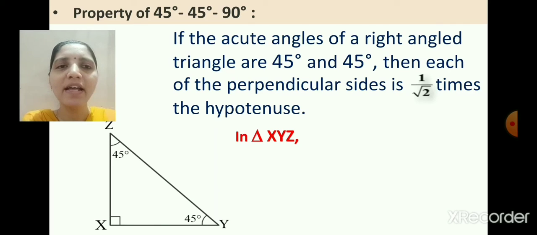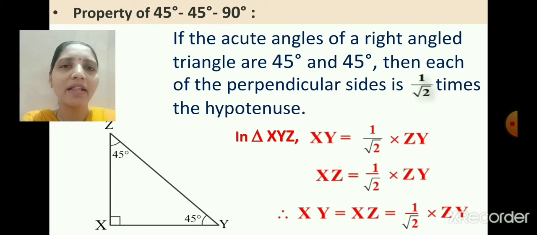Angle Z and angle Y are 45 degree and angle X is 90 degree. Then what you'll get? The sides opposite to 45 degree are XY and XZ. So that will be equal to 1 upon root 2 times the hypotenuse, that is 1 upon root 2 times ZY. Are you getting it? Yes.